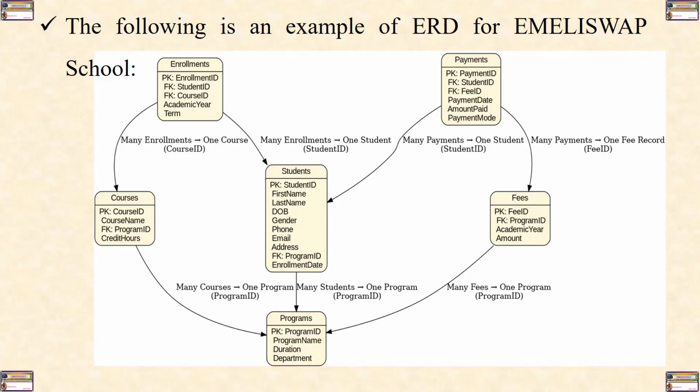Here we have the tables, we have the fields in each, and I have indicated which are the primary keys, PK, and which are foreign keys. As usual, any key that is a primary key in one table is a foreign key in another table that it is related to. For example, in the enrollment table, you have a primary key called enrollment ID.